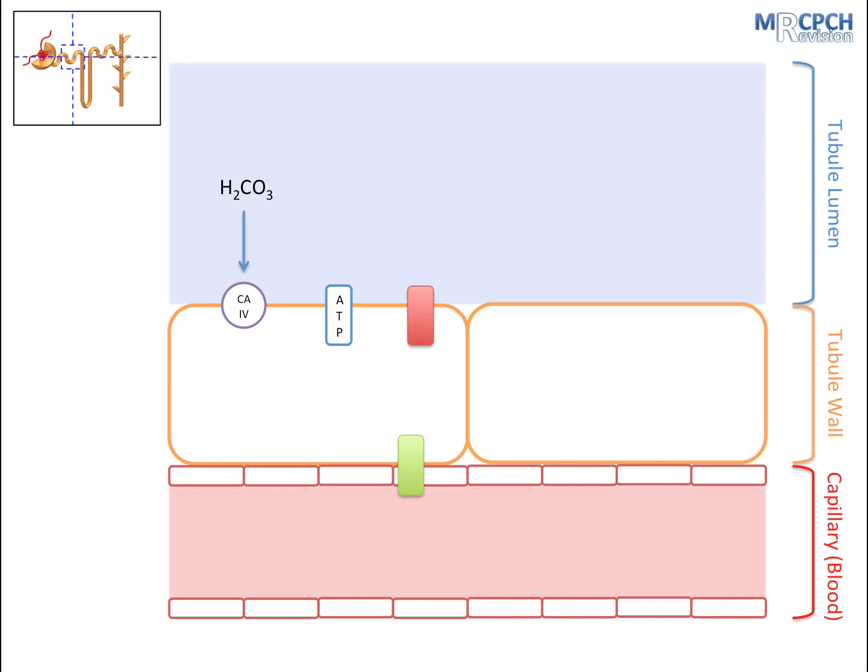On the luminal side of the tubule wall, the tubule cells have on their surface carbonic anhydrase 4, and when carbonic acid comes into contact with this, it's split up into water and carbon dioxide. That then joins up with carbonic anhydrase 2 inside the cell and dissociates back into protons and bicarbonate.